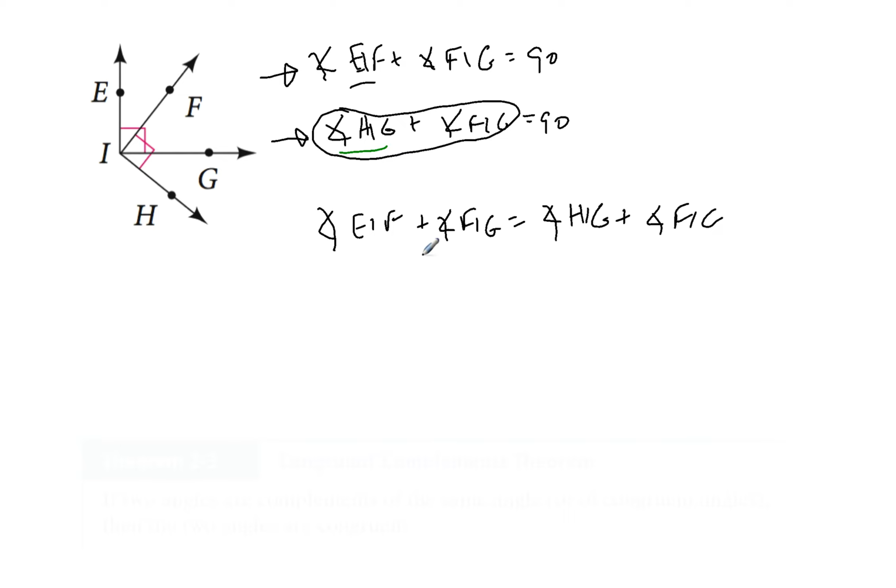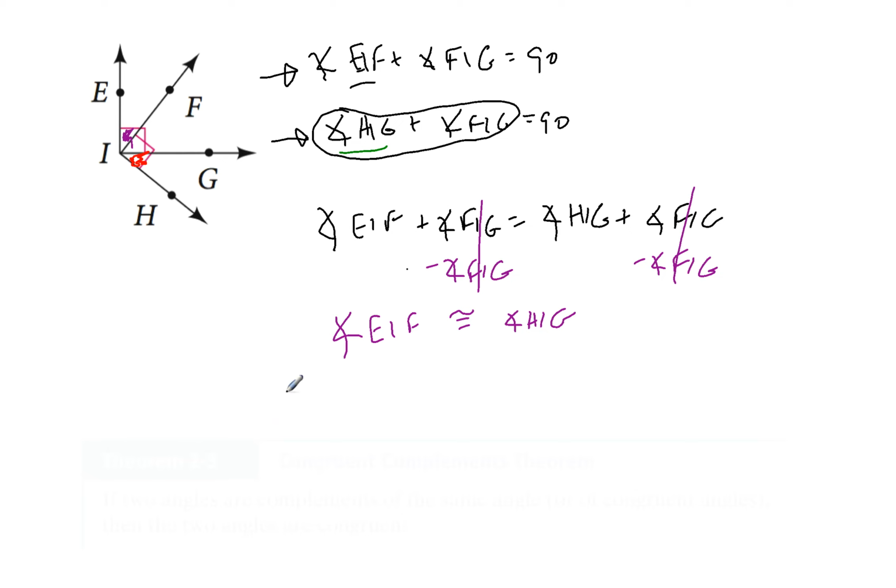Well, suppose I subtract angle FIG from both sides of my equation, because this is an equation right there. Well, that means that these two angles are gone, which means angle EIF is congruent to angle HIG. Angle EIF, which is this angle over here, which I will color in purple, is equal to angle HIG, which I will color in red.